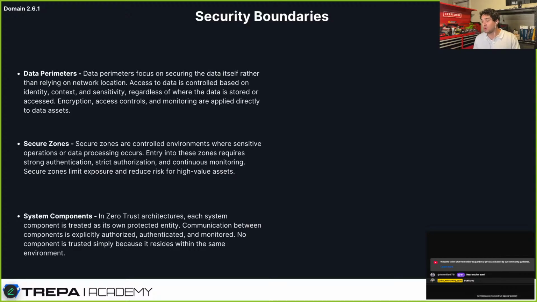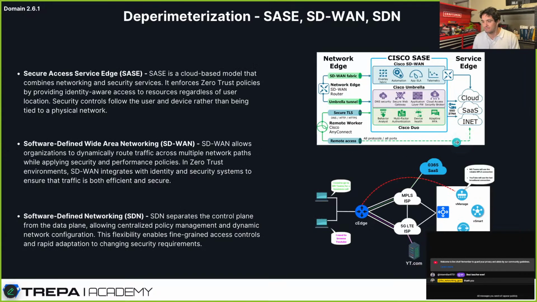Think of this like a special access program, like a department within your organization, where we implement even stricter access controls that may go beyond just company baseline policy. And then system components. In zero trust architectures, each system component is treated as its own protected entity. Communication between components is explicitly authorized, authenticated, and monitored.